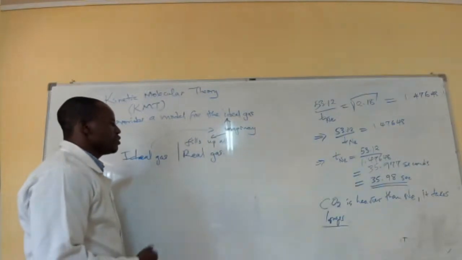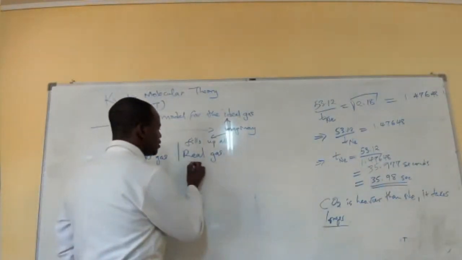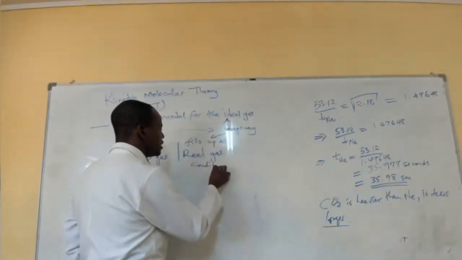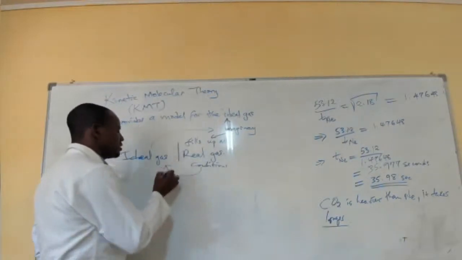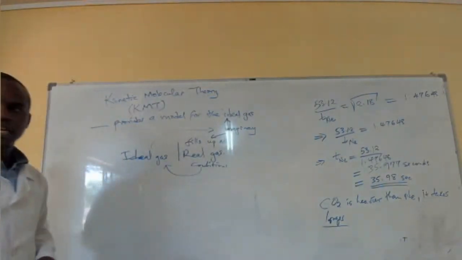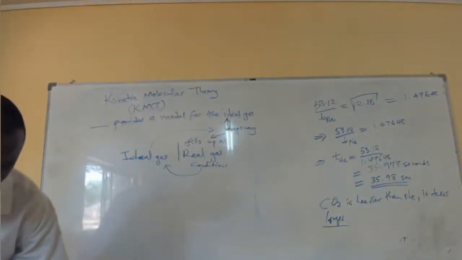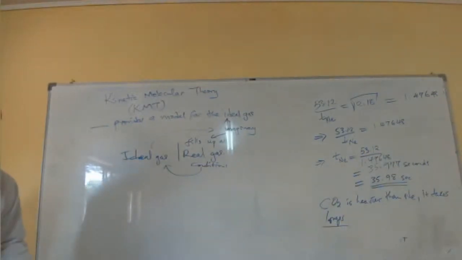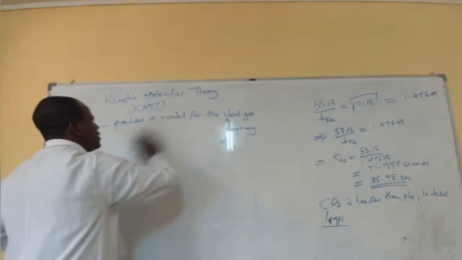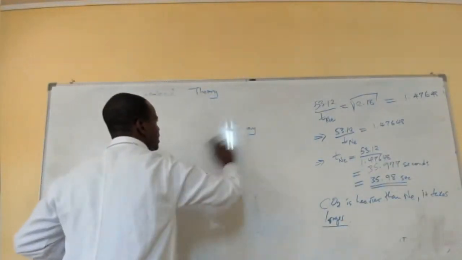You may also want to know at which conditions these real gases exhibit ideal gas properties, for example. So you can try and understand that. Finally, in this lecture, let's look at the van der Waals equation.